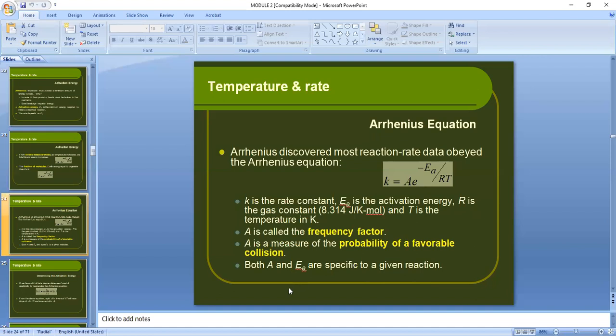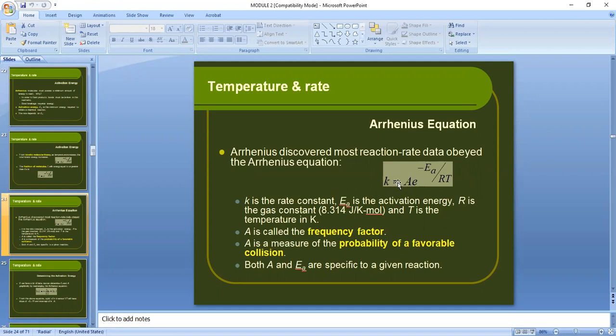The set of units of your K, the rate constant, and your frequency factor are the same. This exponential function here does not have any unit. It's dimensionless. So the unit of A, your frequency factor, is dependent on the K.